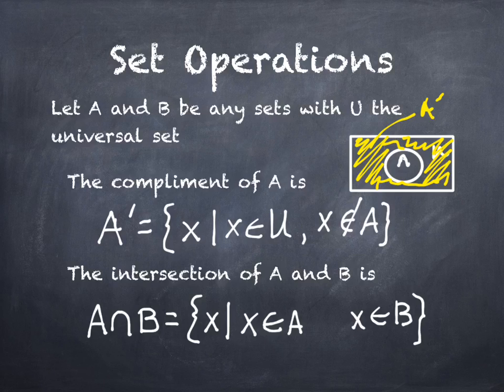Oh, somebody said and. Who said and? That's right. That's what we want. And. Right? It has to be in the first set and in the second one. Both of them at the same time. The word's and. And that's actually a really important word, which is why I wanted you guys to think through it, because we're going to encounter one more definition here, and you're going to see why.